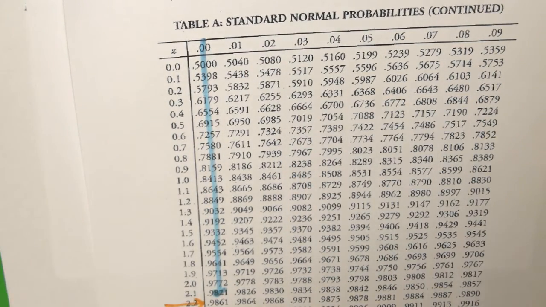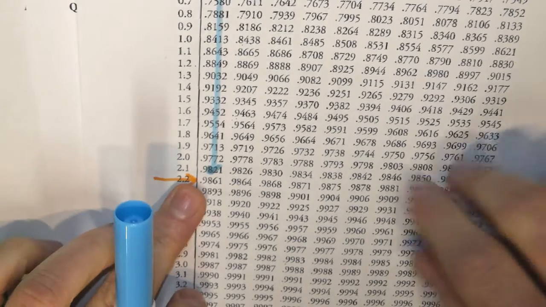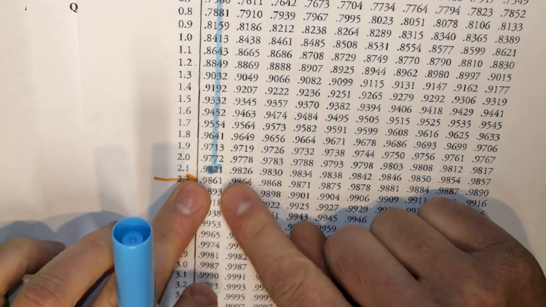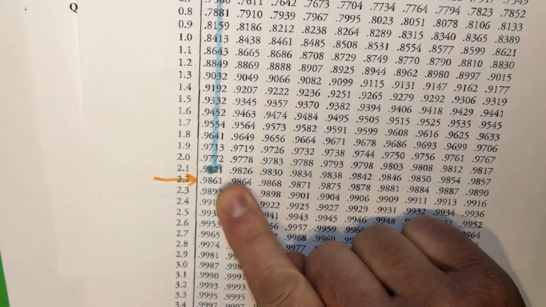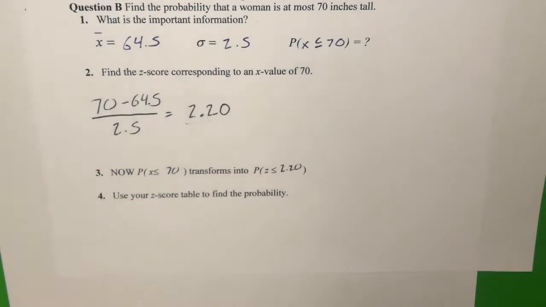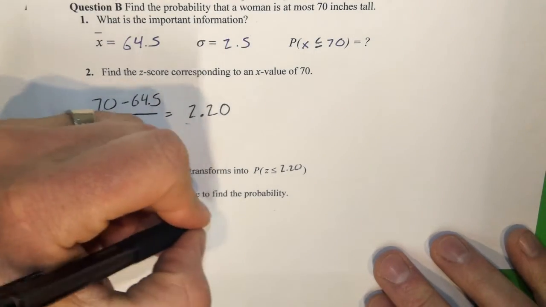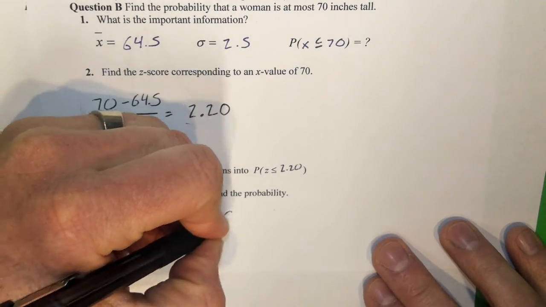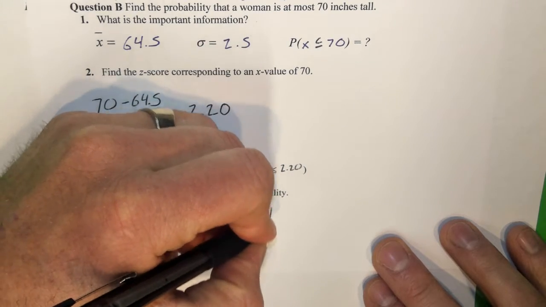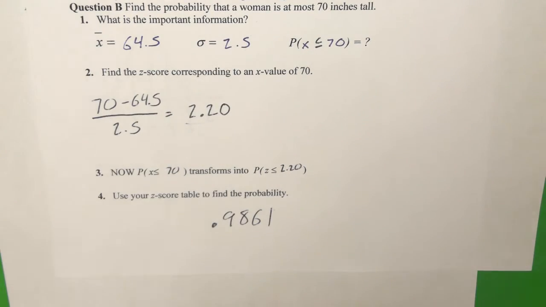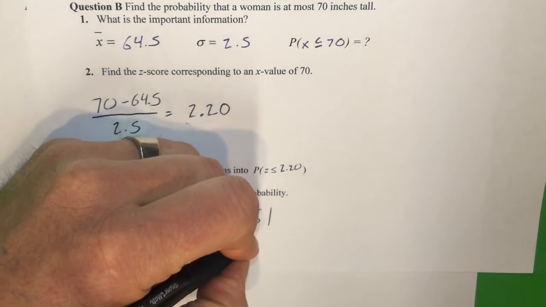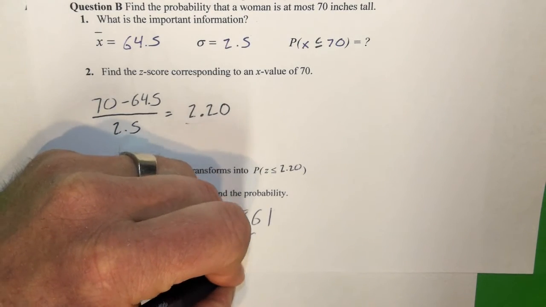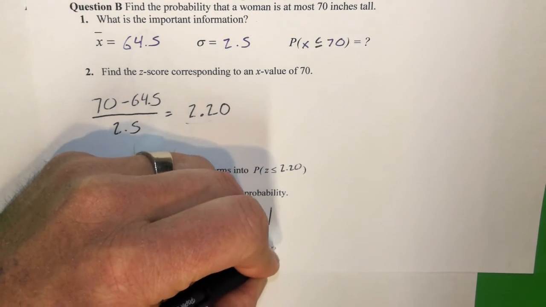When I travel both across and down, I get this answer right here, 0.9861. All of the answers to our questions today will come from that table, so you need to make sure that you have that paper printed off and next to you so that you can access it often and conveniently.